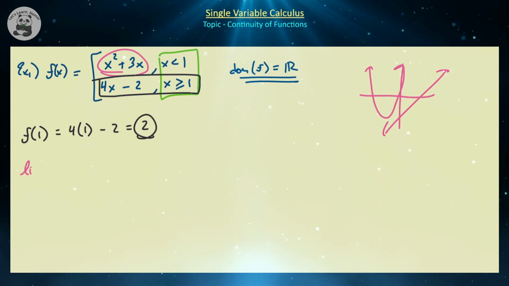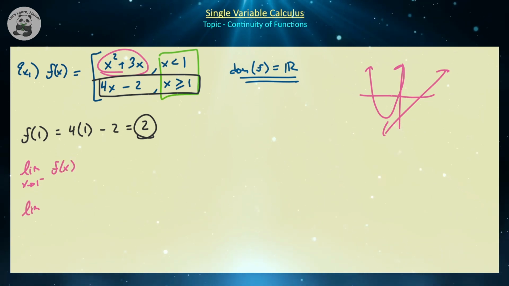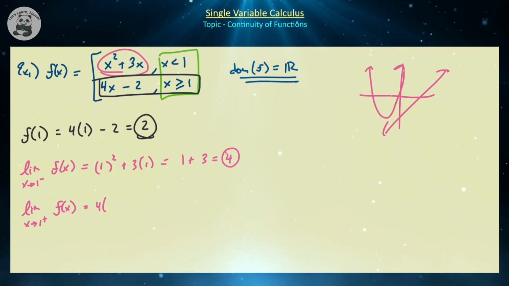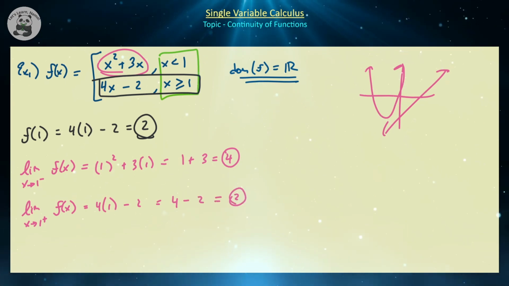The limit as x approaches 1 from the left, and the limit as x approaches 1 from the right. As x approaches 1 from the left, that's going to be piece number 1. So that's going to be 1 squared plus 3 times 1, which is the same as 1 plus 3, which is equal to 4. And as x approaches 1 from the right, we have 4 times 1 minus 2, which is 4 minus 2, which is equal to 2.